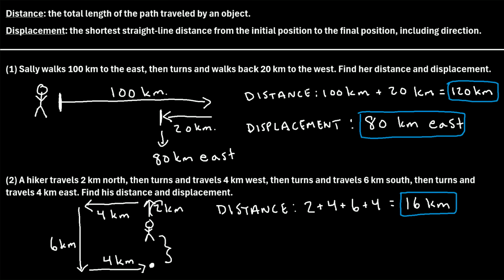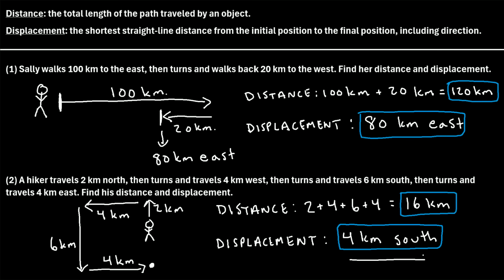And we know that he went 2 kilometers north and then 6 kilometers south. So if this total distance on this side is 6, and we can subtract the 2 right here where he went north, then this remaining distance right here is 4. That's just 6 minus 2. So what we can say is that he is 4 kilometers south of where he started. So let's write that down. So his displacement is 4 kilometers south.